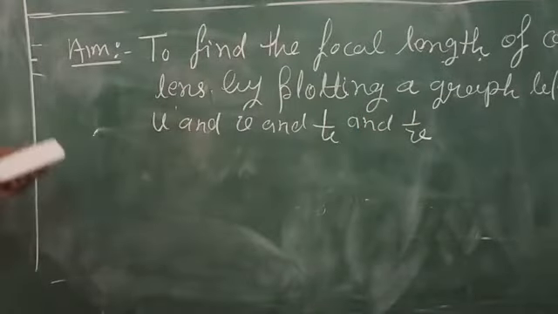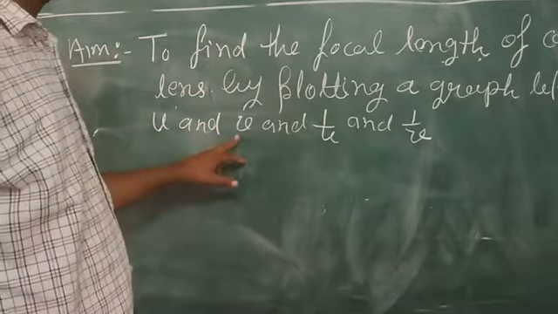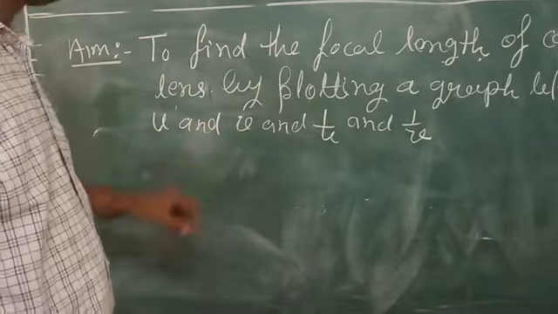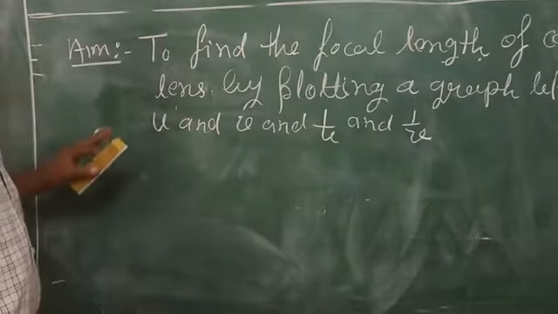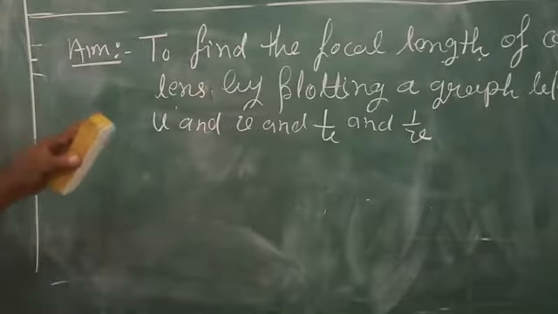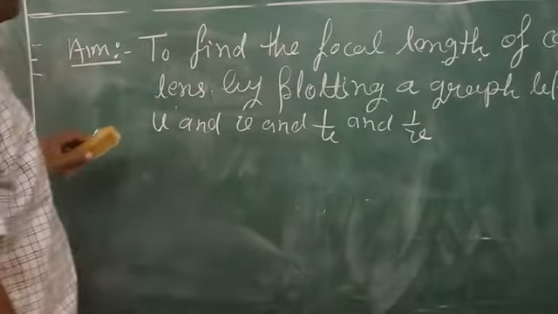So you know that u is the object distance and v is the image distance. So now we will find out the value of u and the value of v. Okay, this is our objective for today.